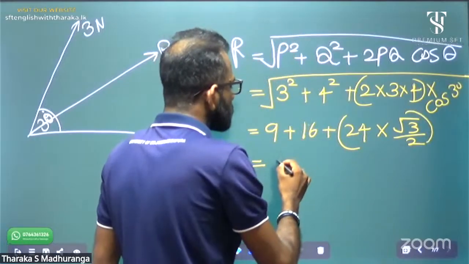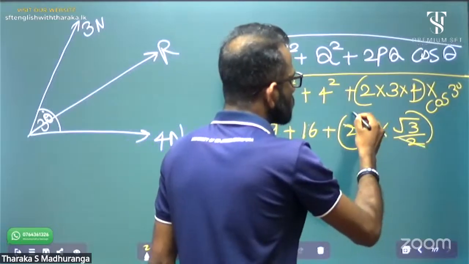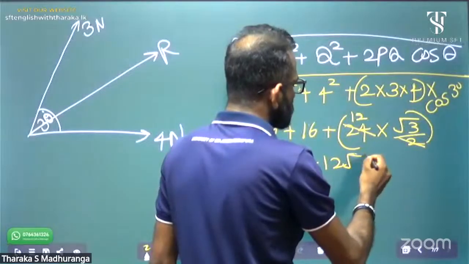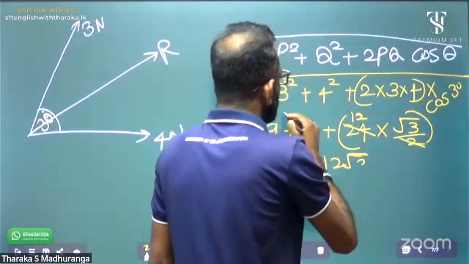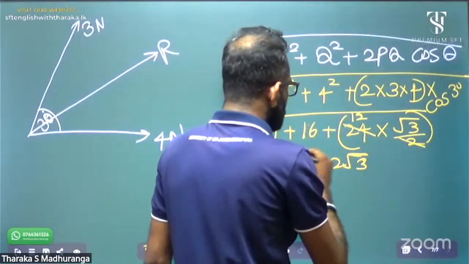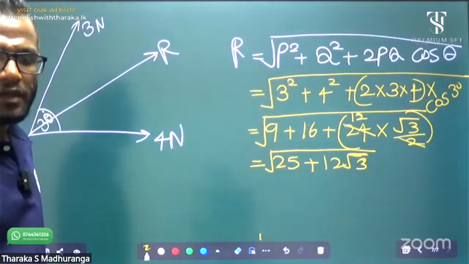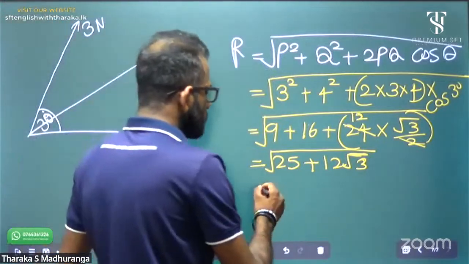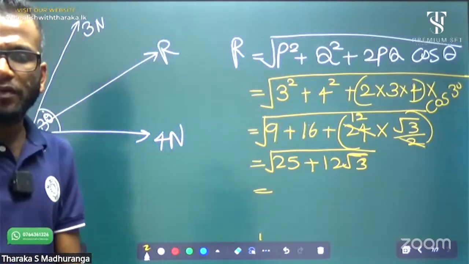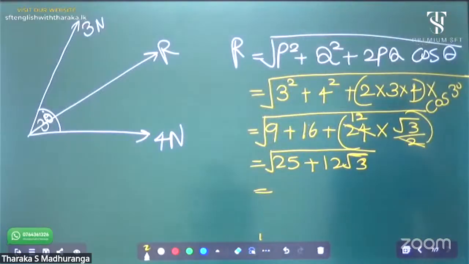Then 9 plus 16 is 25, plus the 2 cancels, giving 12 root 3. Now you can use a calculator to get the value. Find this value using a calculator. Give me a second.